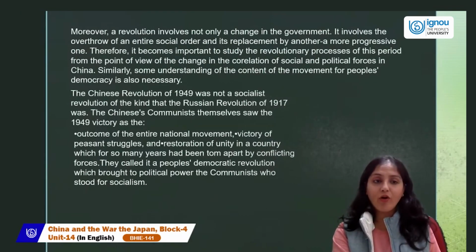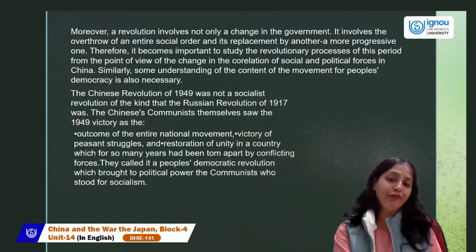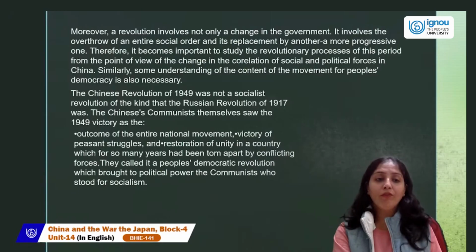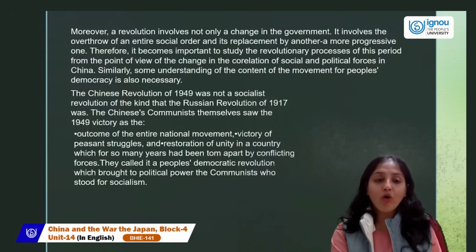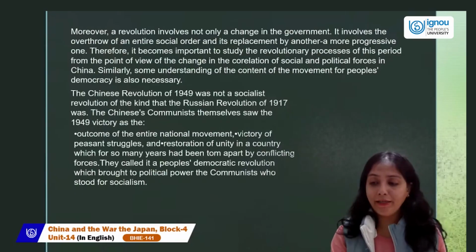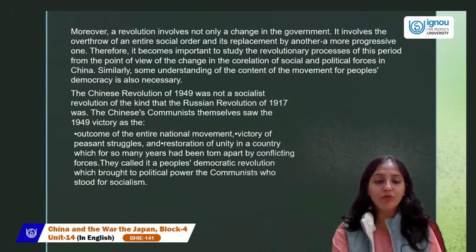Next, victory of peasant struggle. Next, restoration of unity in a country which for so many years had been torn apart by conflicting forces. They called it a people's democratic revolution, which brought to political power the communists who stood for socialism.